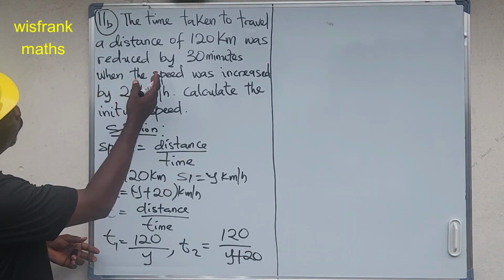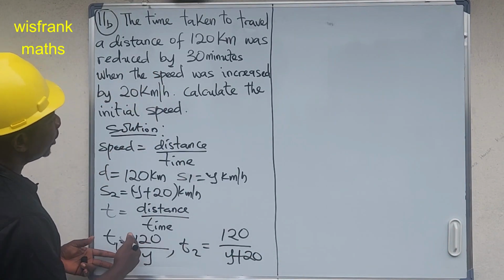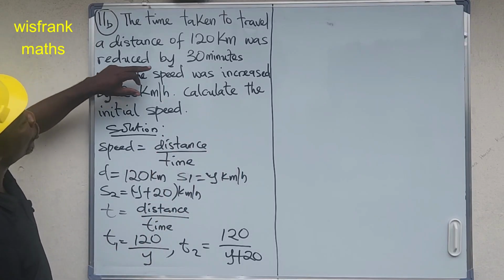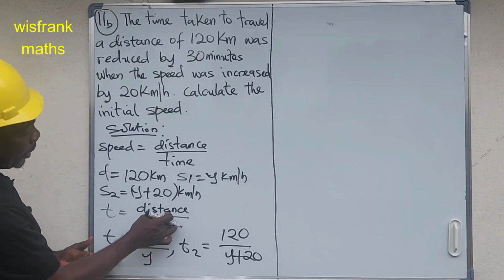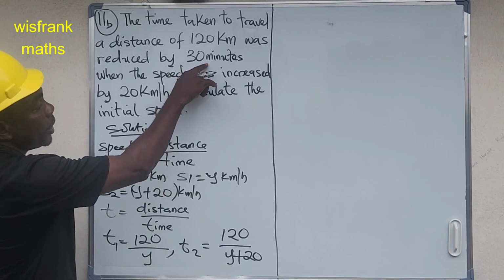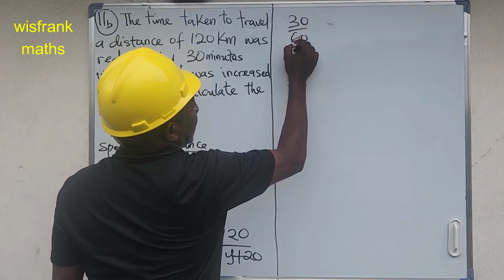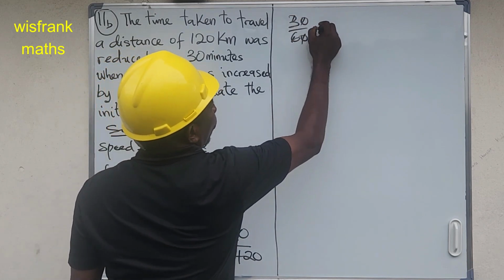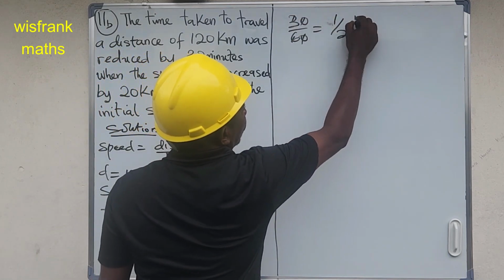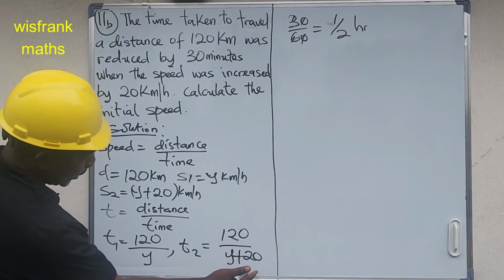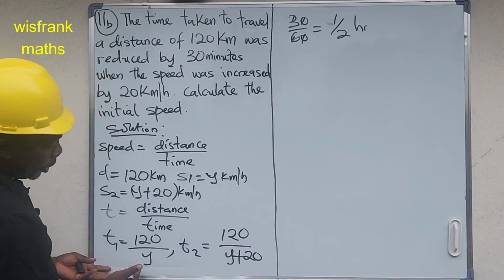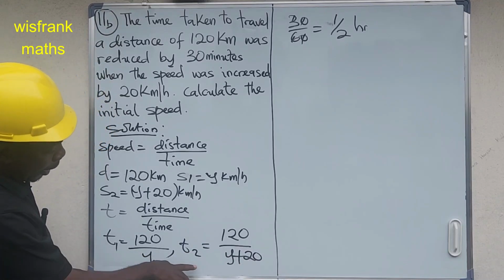From the question, it says the time for the first speed and the second speed was reduced by 30 minutes. Because everything is per hour, we have to change 30 minutes to an hour, which is 30 over 60. When this cancels, we have 1 over 2 hours. That is the difference between T1 and T2.